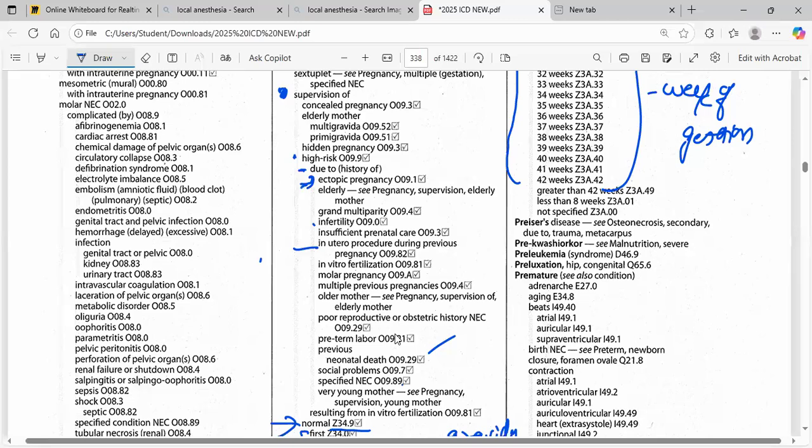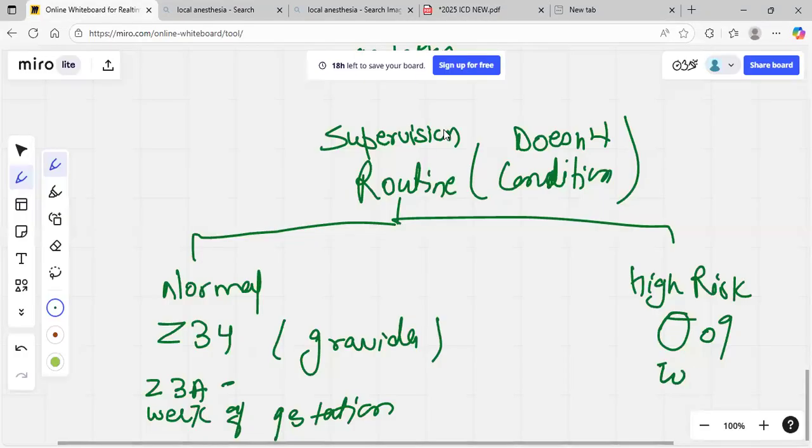So any history or any condition which is not affecting the patient at this moment, but that might create the risk of issues for the current pregnancy, in that case you are going to use a code from series O09, and your second code will be week of gestation.